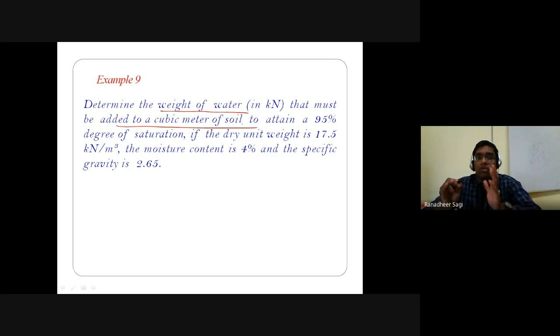Okay, so when the volume of the soil you are looking at is 1 cubic meter, how much weight of water has to be added to that particular soil to attain what is called 95% degree of saturation, if the dry unit weight of that particular soil is given, the moisture content present in that soil is given, and the corresponding specific gravity of the soil solids is also given to you. Okay, so you can try to solve this based on the data given to you.